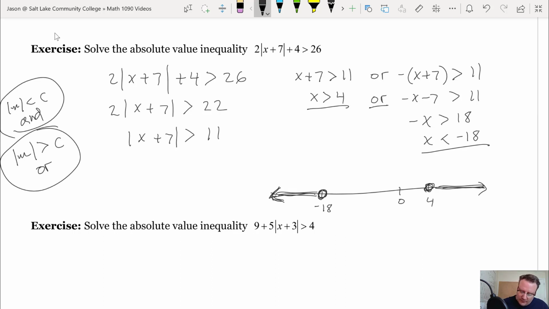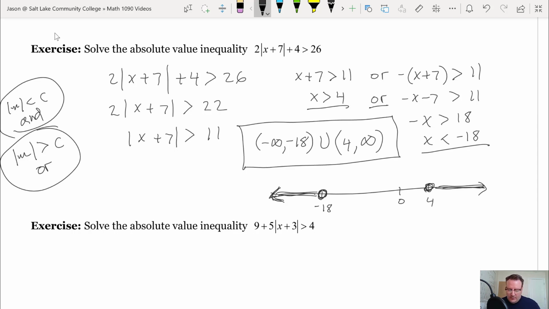And in interval notation, this would be from negative infinity to negative 18. Union means or, 4 to positive infinity. Okay. So this is kind of the key idea over here, right?